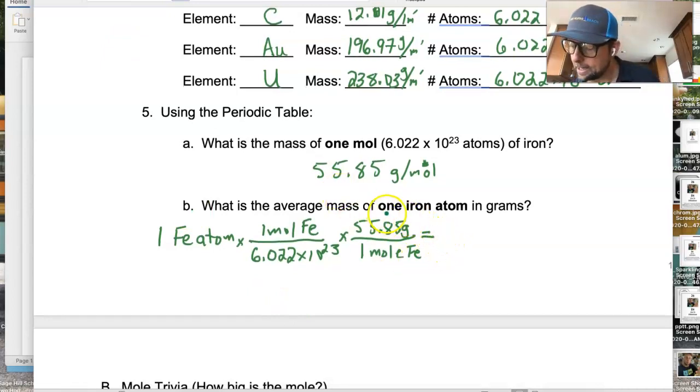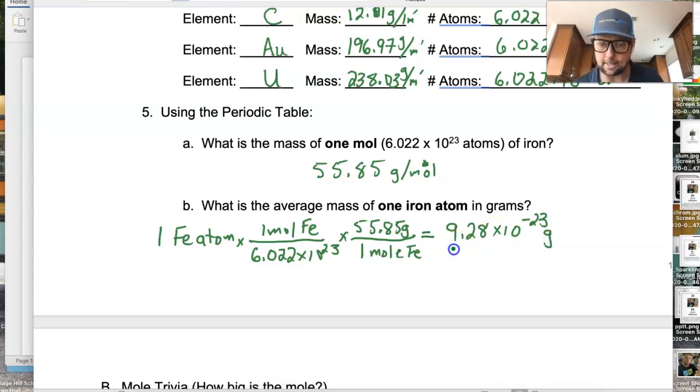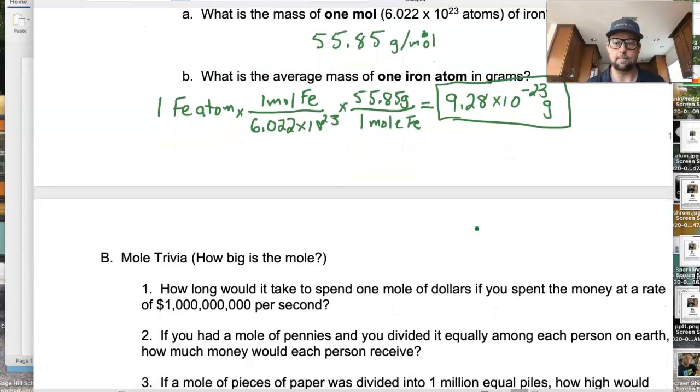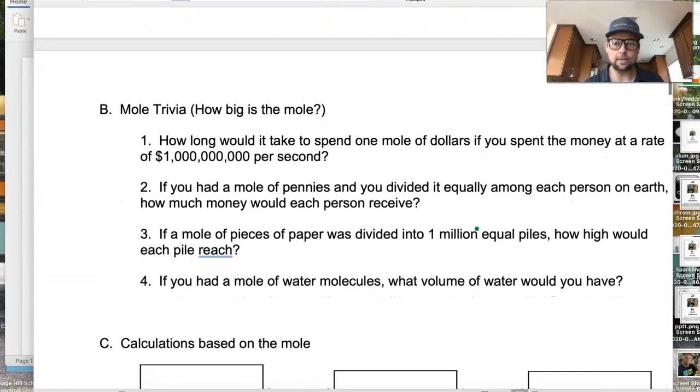And I get 9.28 times 10 to the minus 23 grams. That is a very small mass because 1 iron atom is a very small thing. Not much there.